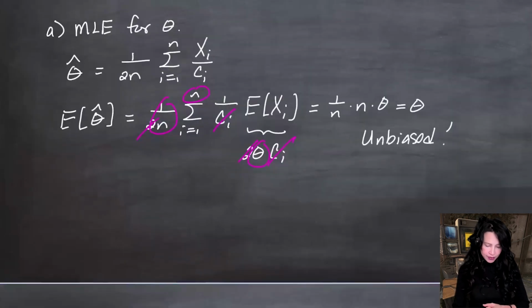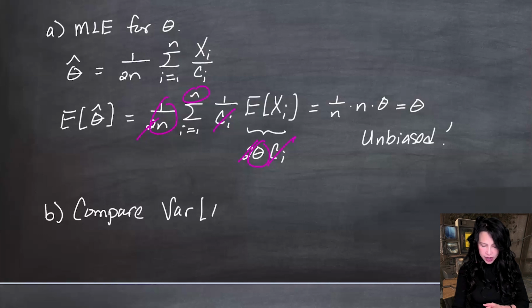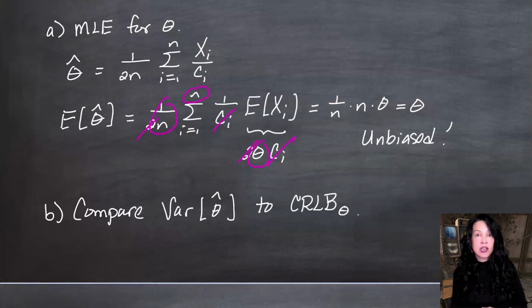So part B of this problem was we wanted to compare the variance of our MLE to the Cramer-Rao lower bound for the variance of all unbiased estimators for theta. Because our MLE is unbiased, the variance for our estimator must be greater than or equal to the Cramer-Rao lower bound, and we wanted to know if it actually achieved the Cramer-Rao lower bound.